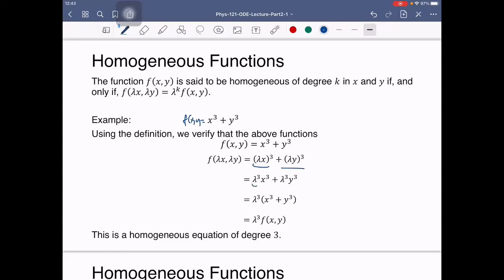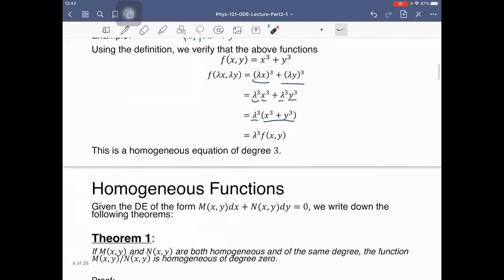We can now have lambda cube x cube, lambda cube y cube, and then pwede natin i-factor out yung lambda cube, and then we have lambda cube times quantity x cube plus y cube. So this one is the function itself. So now we have lambda cube times the function. So therefore, this is a homogeneous equation of degree 3. So ganyan masasabi natin na homogeneous ang isang function or homogeneous yung equation natin. And pwede na natin masabi kung ano yung degree.